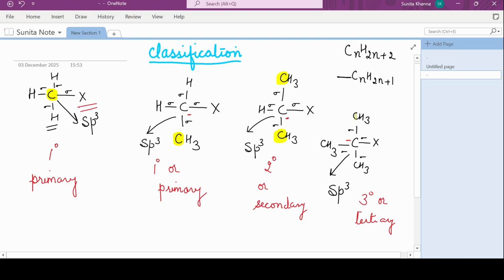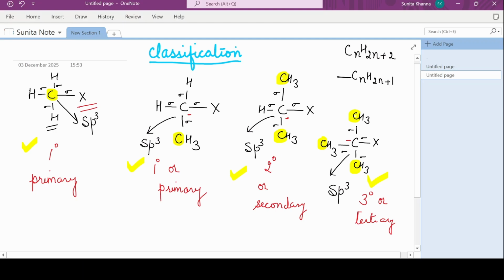And when the carbon atom is attached to 3 other carbon atoms, it is tertiary. So all of them have the halogen attached to an sp3 hybridized carbon atom, but the first 2 are primary alkyl halide, this one is secondary alkyl halide, and this one is tertiary alkyl halide. So these are 2 different aspects.